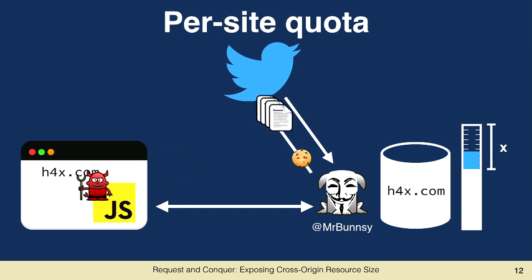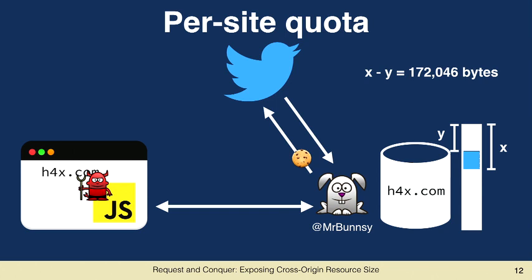He can notice it, because he will get an error saying that he can't store any more bytes in the cache. And as you can see already from the Y and X, all the attacker has to do is subtract Y from X, and again get the exact size and reveal Mr. Bonzi's identity.